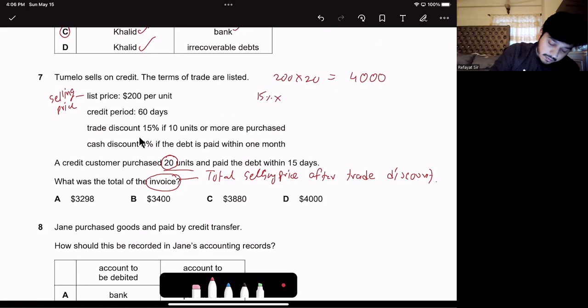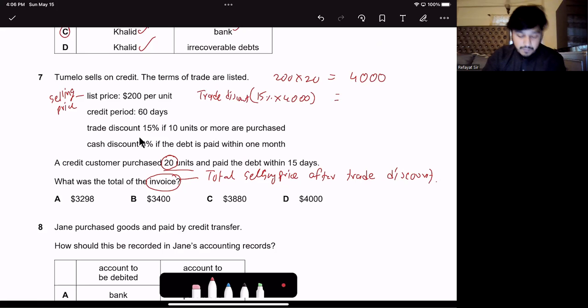So 15% of 4,000 is the trade discount. 15% of 4,000 is approximately $600, if I'm correct. So 4,000 minus 600 is $3,400.